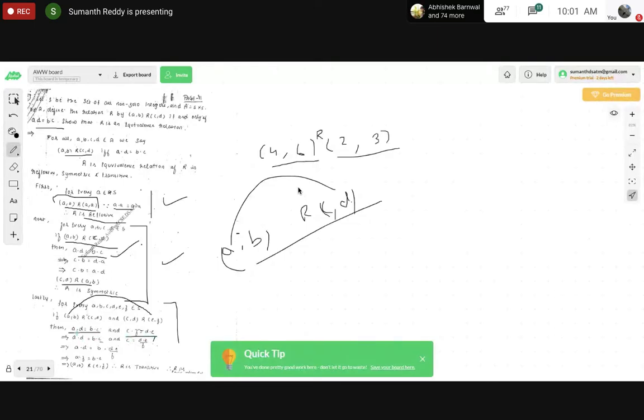In this first part, whatever c I have, I am trying to eliminate c. And why am I trying to eliminate c? Because the final conclusion that is required is (a, b) is related to (e, f), so I don't need c here. Correct, right? If you observe, I need (a, b) and (e, f), so I need to eliminate c. So now I am trying to write this c in terms of other elements.